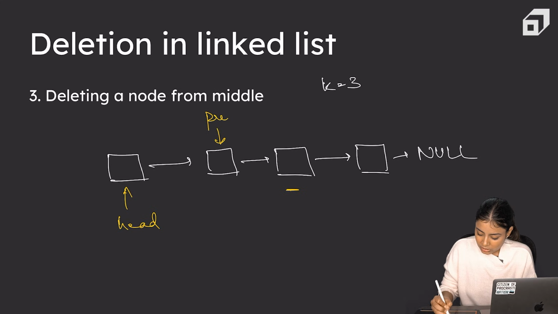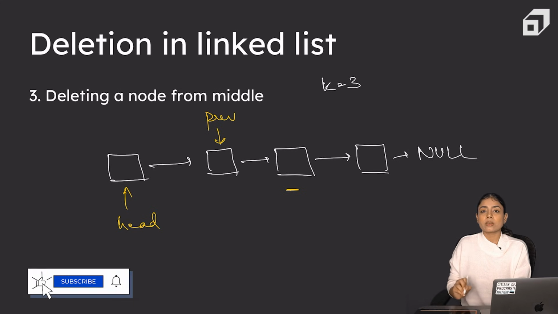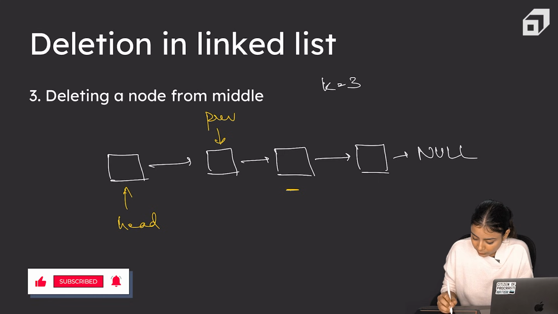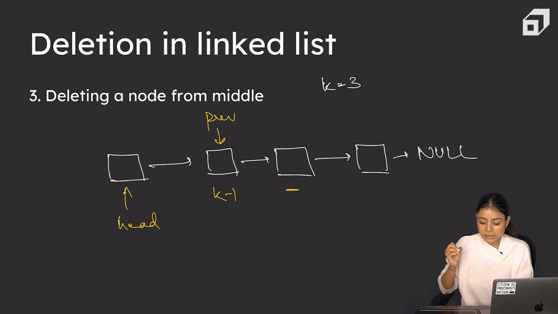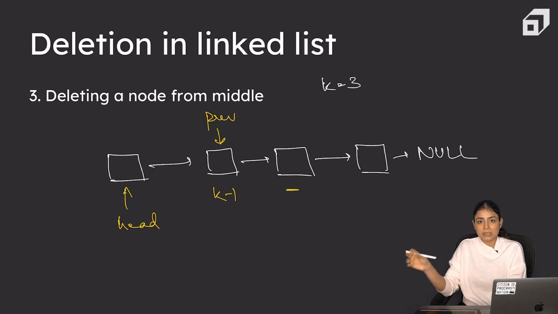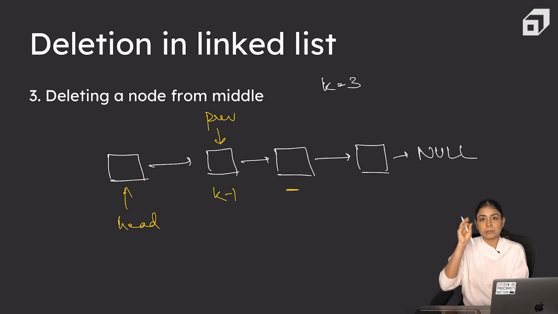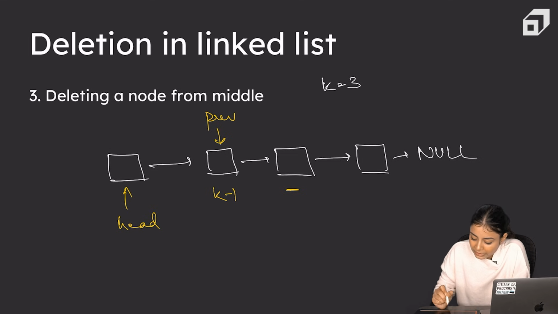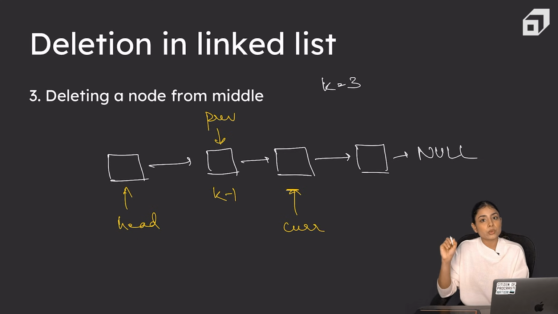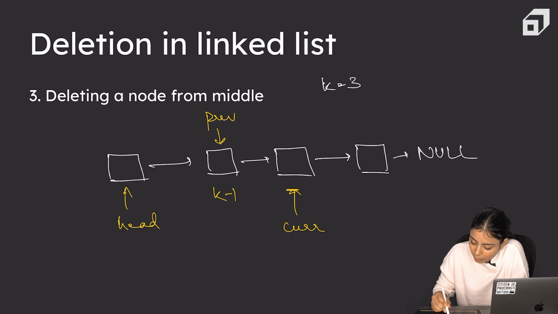So I'll use a pointer, previous let's call it, to make it point to the node that will be at position k minus 1. So I'll reach the position k minus 1 just like I reached while inserting an element. I'll reach the position k minus 1 and get the previous node. Now the previous node's next is the node that I want to delete. Okay, so let's call this current, the node that I want to delete. And then where should the next of previous point?